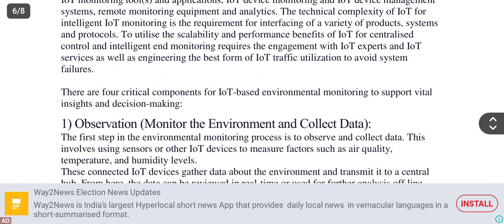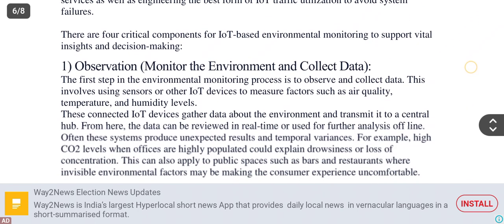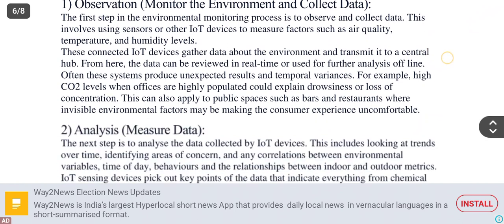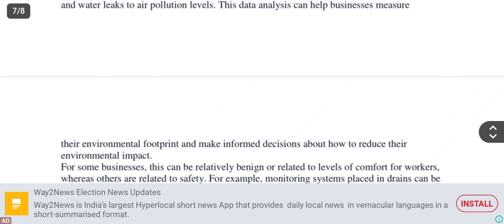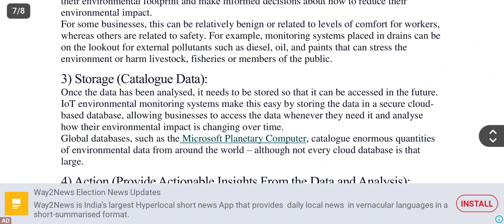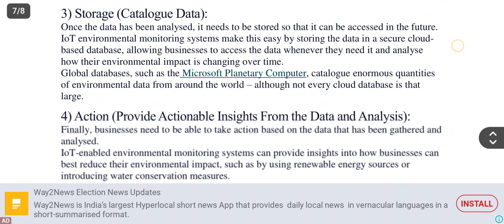There are four critical components for IoT based environmental monitoring to support vital insights and decision making. The first one is observation, which is used to monitor the environment and collect data. The second one is analysis. In this phase, we are measuring the data. The third one is storage, where we categorize the data based on different parameters.